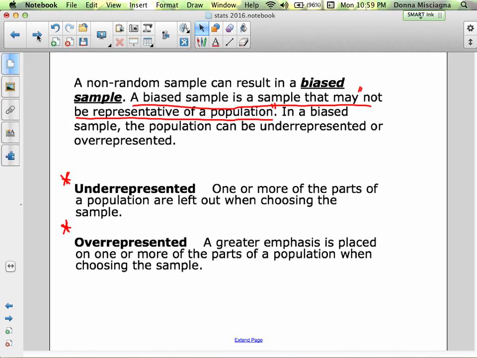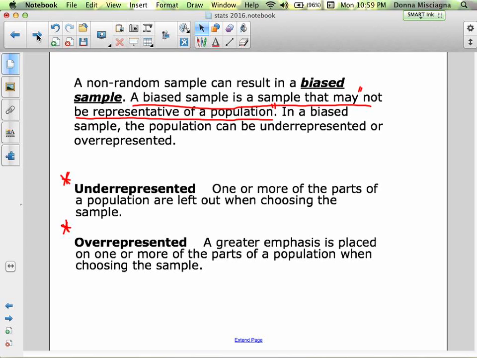So if I want to get information on high school students at Vail Academy and High School, and I forget to ask the seniors, or I only ask a couple seniors, well, the seniors would be underrepresented. What if I only ask seniors, or most of my sample is seniors? Then seniors would be overrepresented, and a greater emphasis is placed on one or more of the parts of a population when choosing the sample.